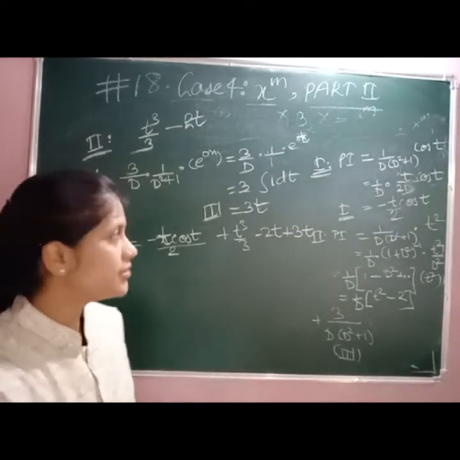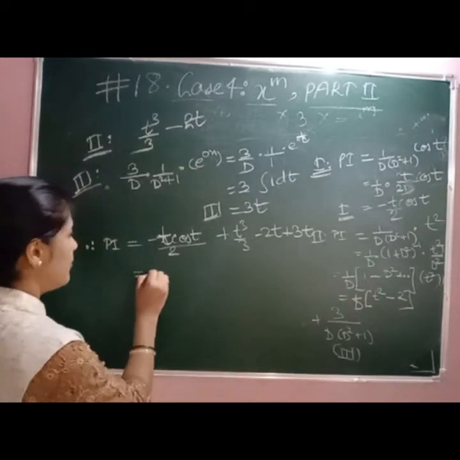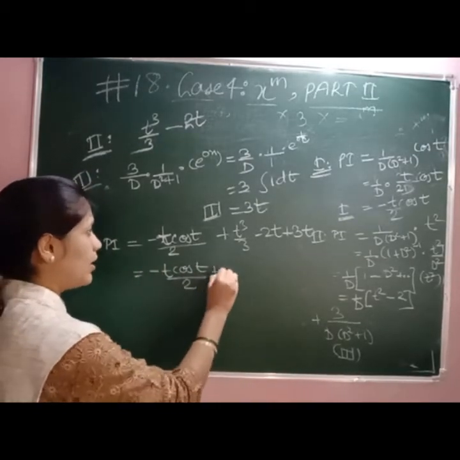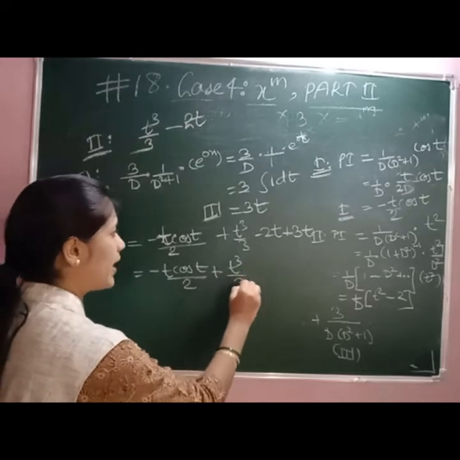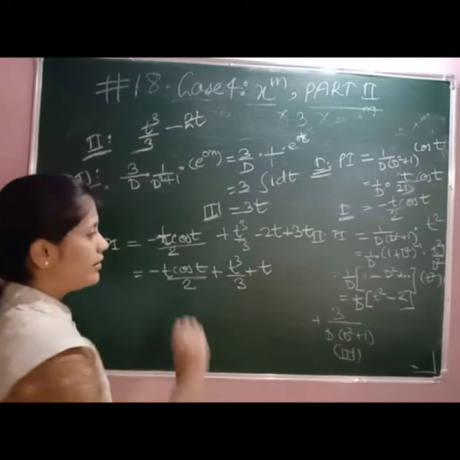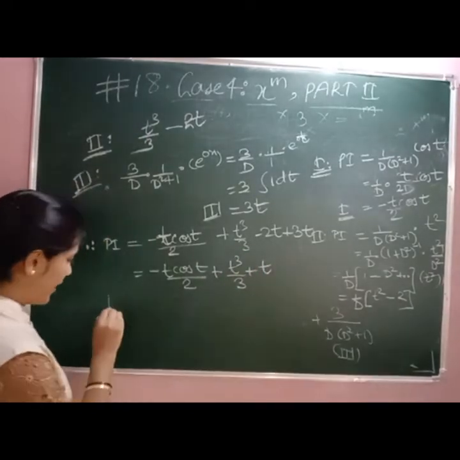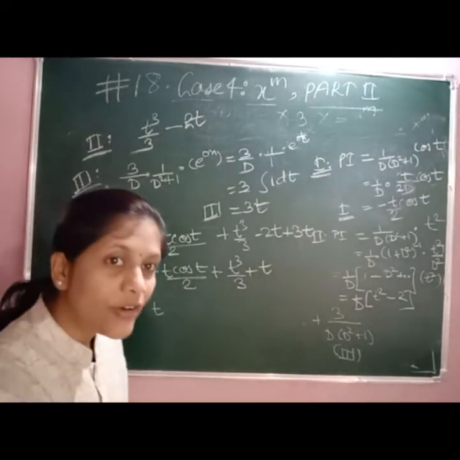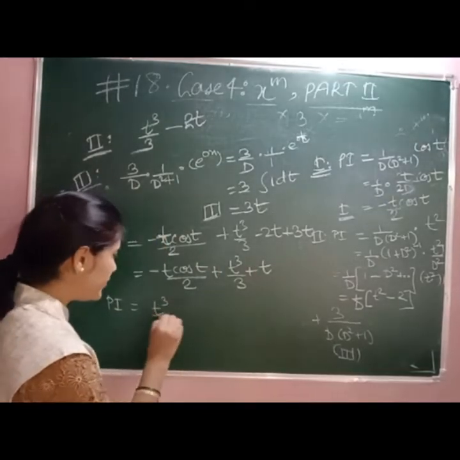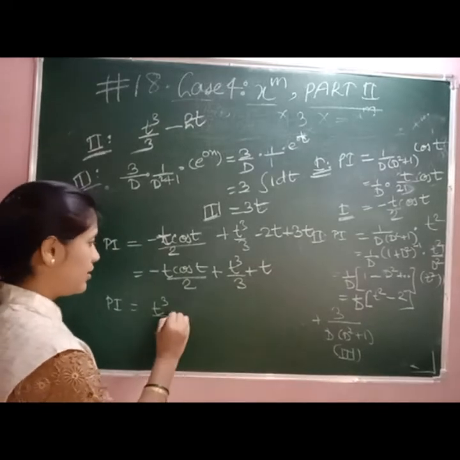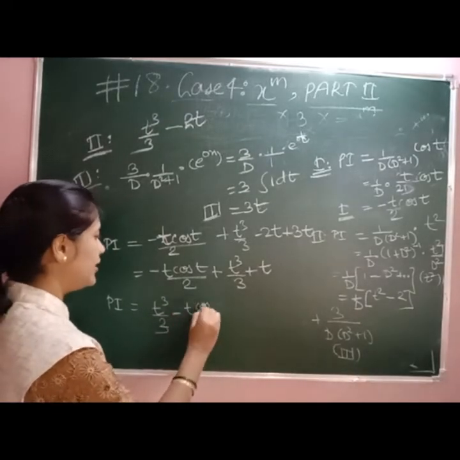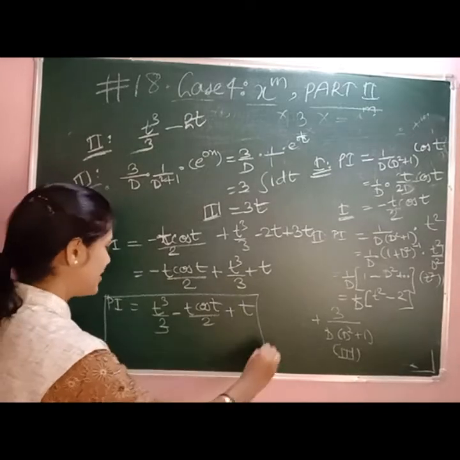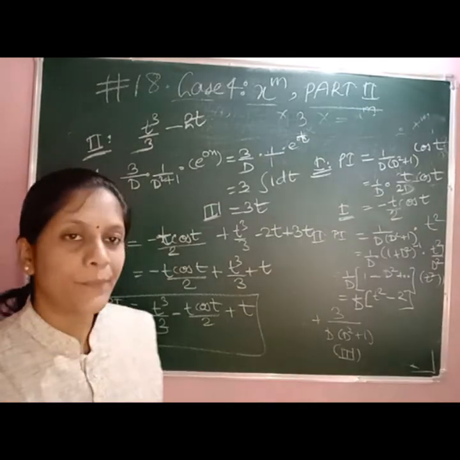So again further this can be written as minus t cos t by 2 plus t cube by 3 plus t, right? So PI is nothing but, in descending order we will write, t cube by 3 minus t cos t by 2 plus t. So this is nothing but our complete PI.